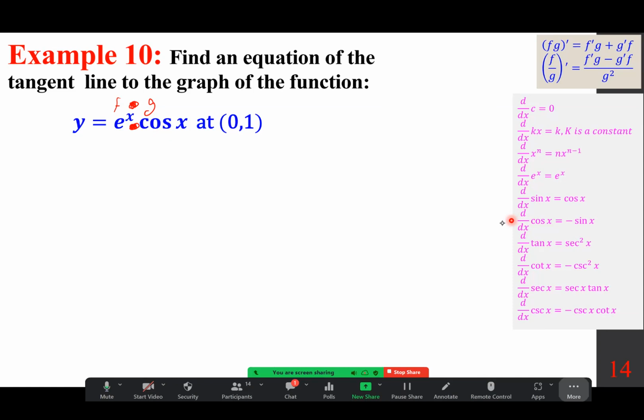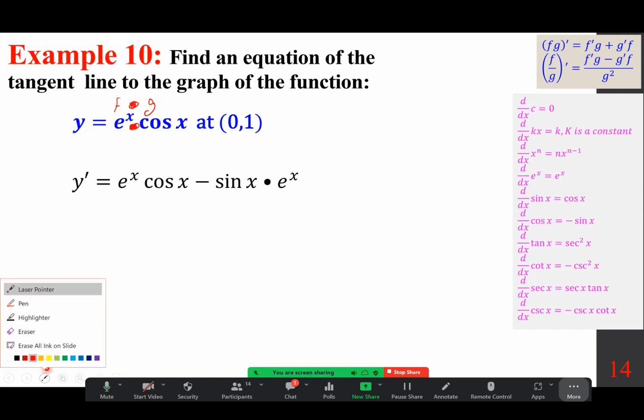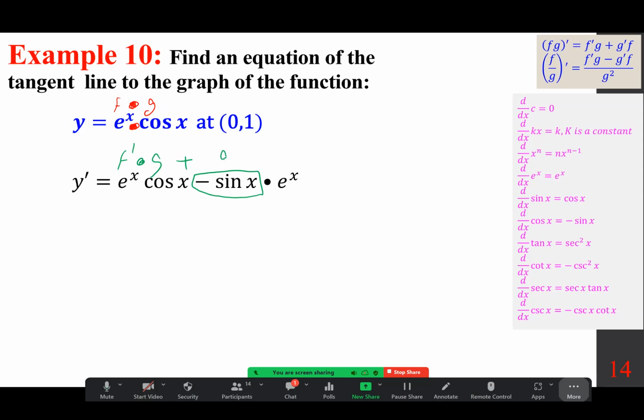So plus negative sine x times f, e to the power of x. So let's write at the top clearly what we have, and that is f prime g plus g prime f. It's important to know the reason it becomes negative is because the derivative of cosine is negative sine.